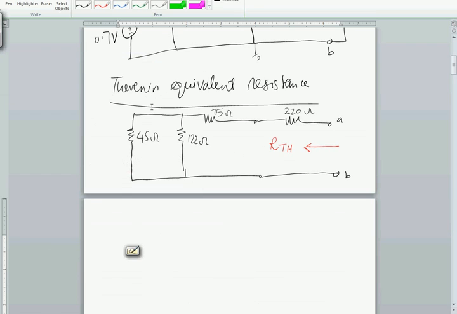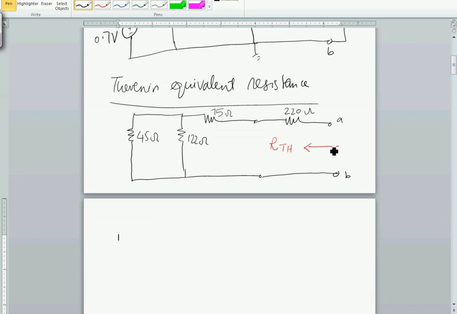Alright, so let's do this. Now, to solve for the Thevenin equivalent resistance, of course, between terminals A and B, you can see that 45 ohm resistance and 122 ohm resistor are in parallel, and then the resultant will be in series with 75 ohm resistor and 220 ohm resistor.